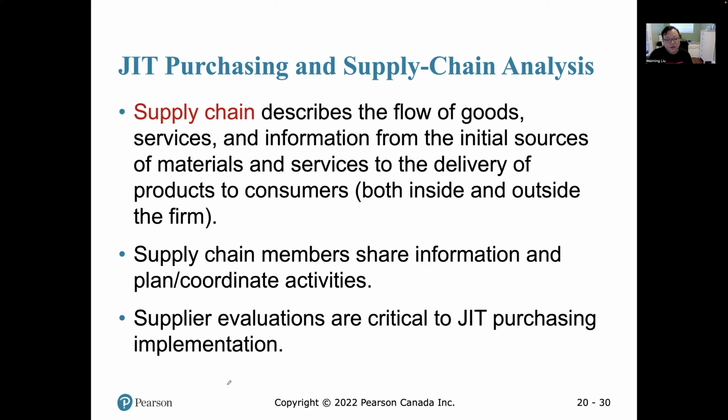Supply chain members share information and plan coordinated activities. Supplier evaluation is crucial to the just-in-time purchasing implication. If I'm having a just-in-time system, it's important that my supplier is also part of it, right?